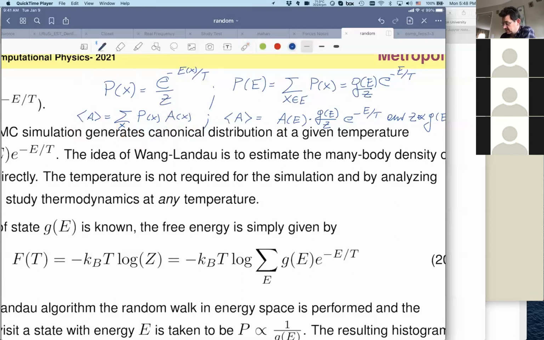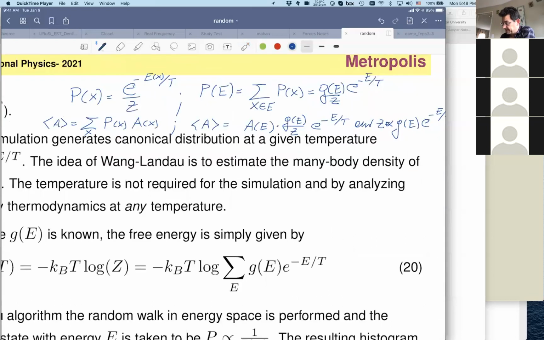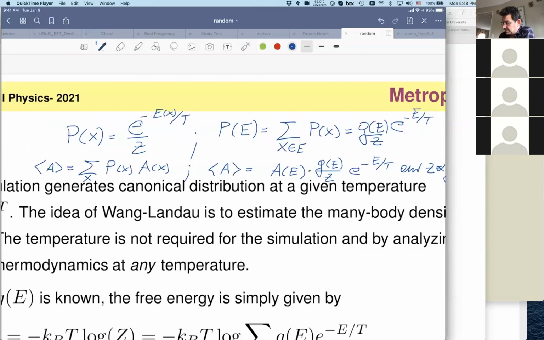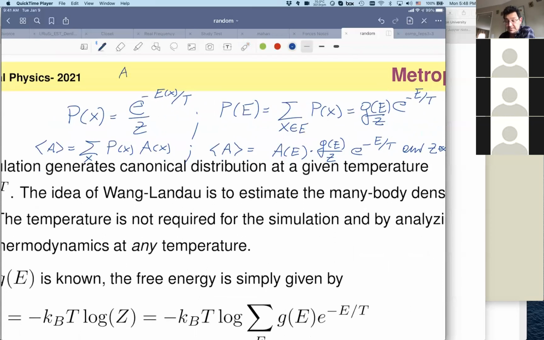Once more, this simulation is possible only if the quantity that we're interested in depends only on energy. So that's the question, isn't it?